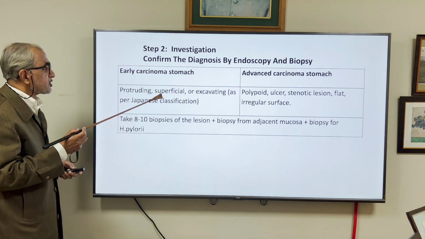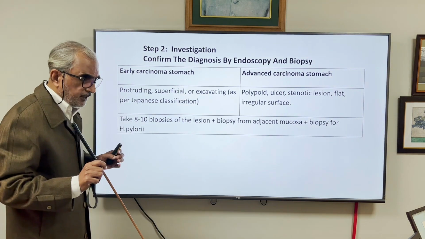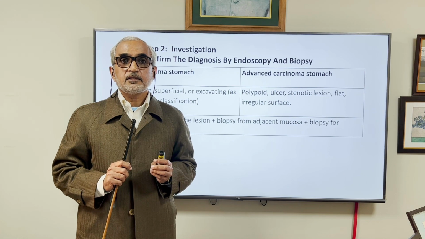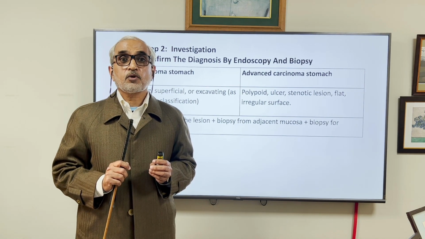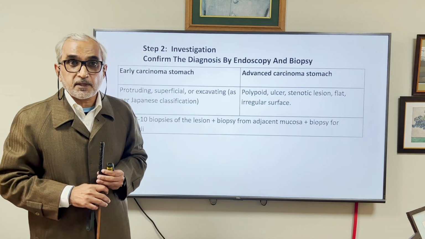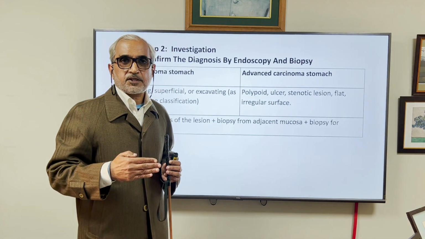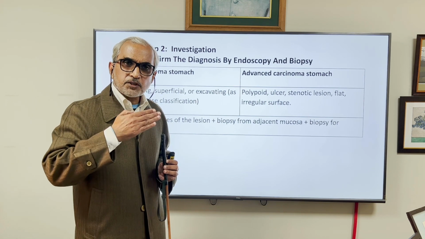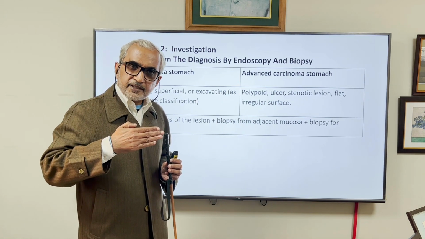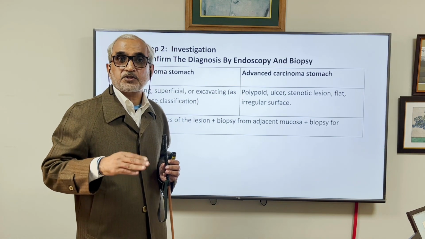In early carcinoma stomach, even endoscopy can give you pointers whether it is an early or a locally advanced cancer. Because in early carcinoma stomach, the mucosal surface is either slightly elevated or it is going to press down because it is early.